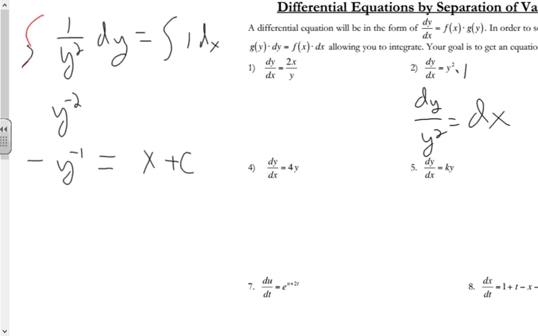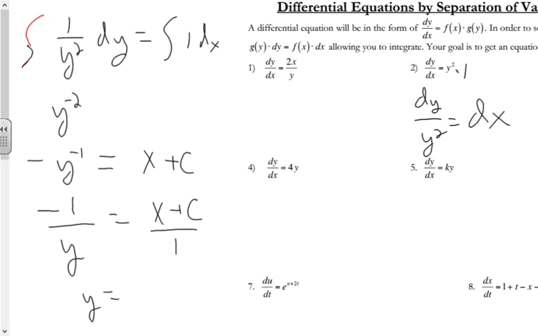Now, if they want to solve this for y, I'm going to think of this as negative 1 over y equals x plus some constant. And if I just treat this as a proportion and do my cross products, I'll go slow.